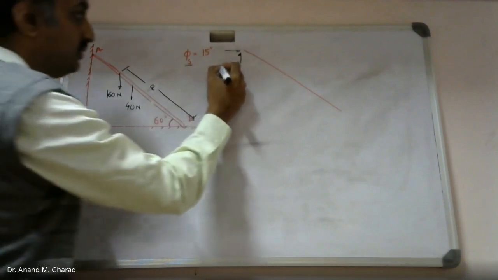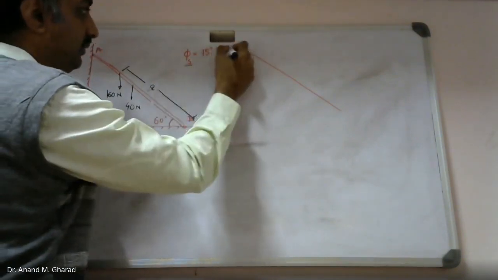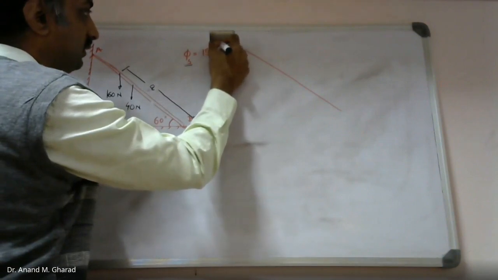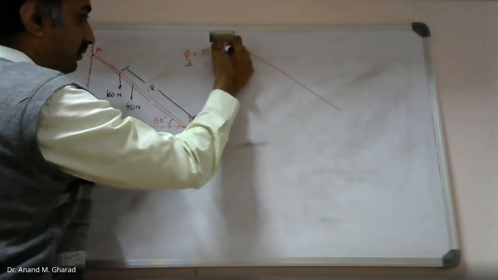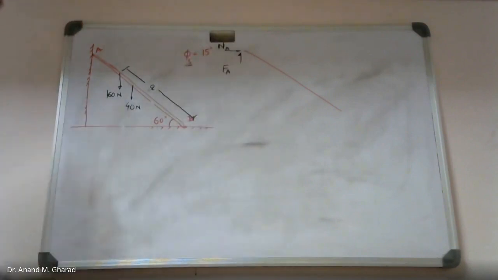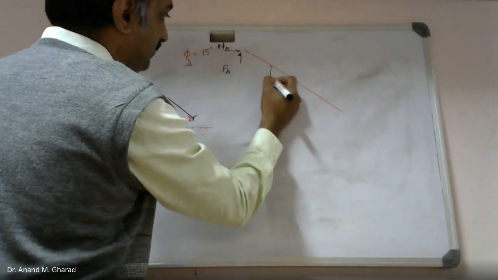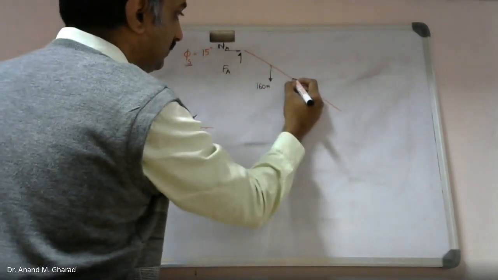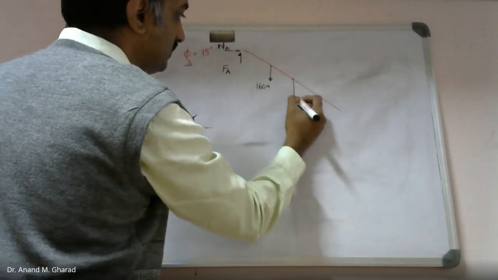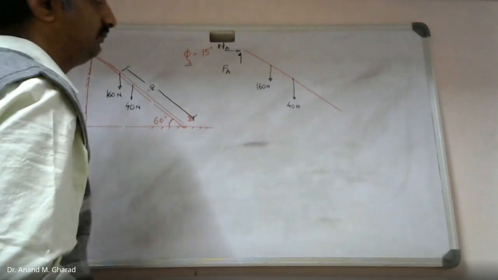So let me call this FA. Let me call this the normal reaction at A. Am I right? Secondly, we have already identified the position of the 160 Newton person, and this is the self weight, which is 40 Newton.